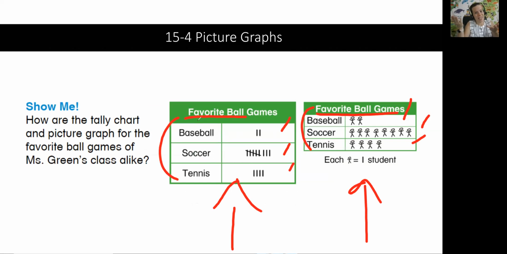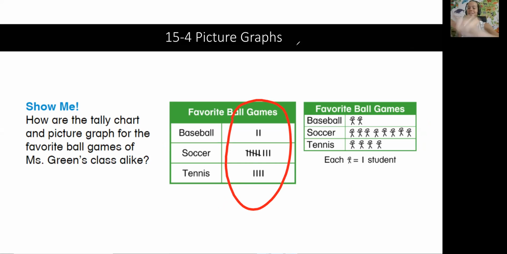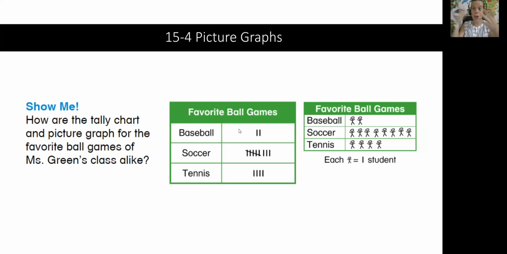How are they different? This uses tally marks, and this uses people. See, a picture for a picture graph. All right, so that's all you really need to worry about today, okay?